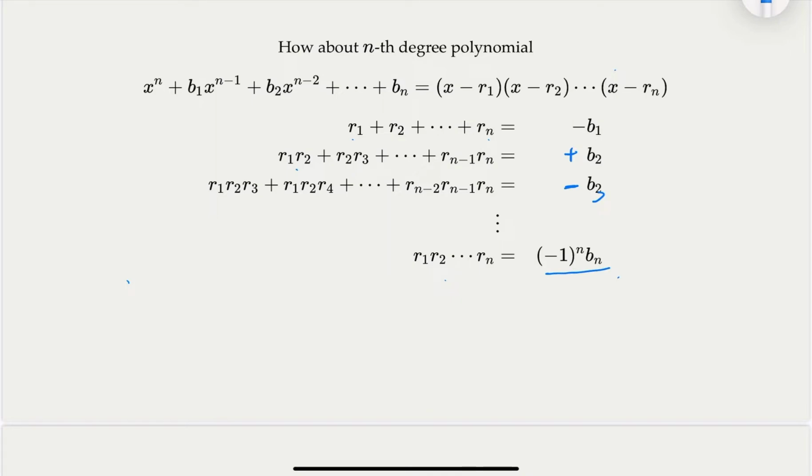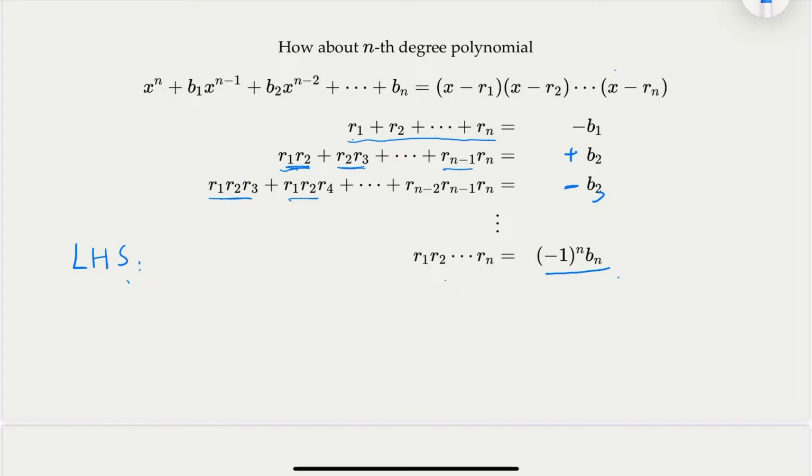Notice that on the left hand side, each term is symmetrical in the roots. So here, this is the sum of single roots. Here is the sum of multiplications of two roots, pairwise. Here is every 3 in a group.